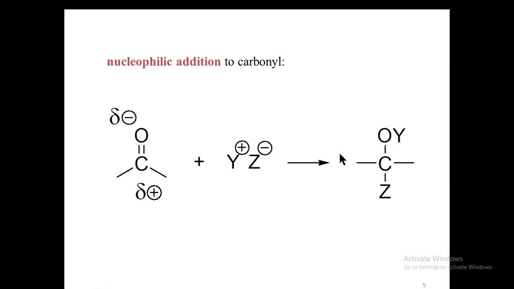Now, how is the nucleophilic addition going on? Look at this carbonyl group: partial negative charge, partial positive charge. Z is a nucleophile. So Z will approach the electron deficient site and Y will be attached there, and thus the nucleophilic addition happens.